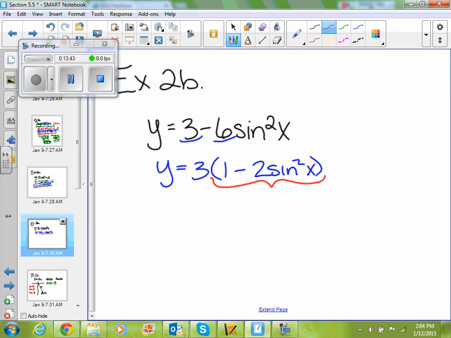Hopefully this looks like one of my double angle formulas. Okay, so cosine of 2x, that's that double angle formula. I still have that 3 out front. I end up with y equals 3 cosine of 2x.